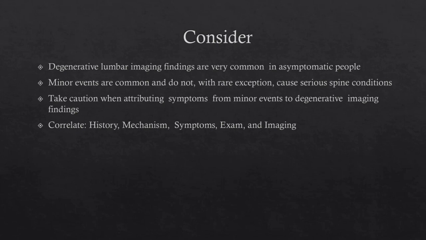If you have a disc bulge or protrusion that's causing significant narrowing, and that correlates with the symptoms of leg radiating pain, and it correlates with the exam showing a radiculopathy, meaning pain radiating down the leg with associated tingling, numbness, or weakness, then you might have an operative indication.